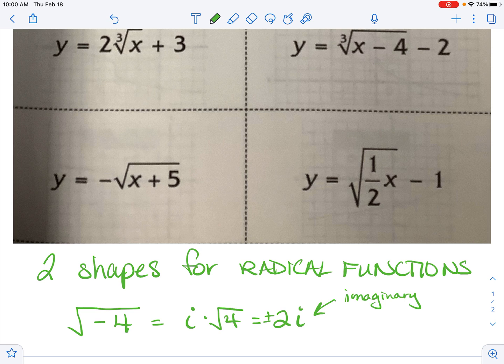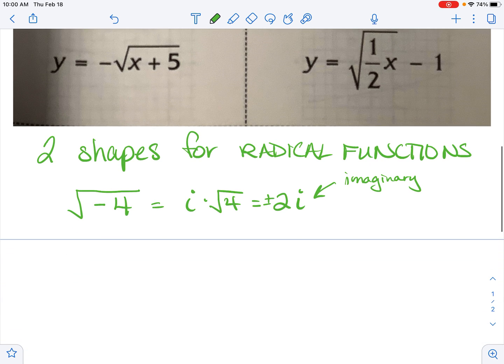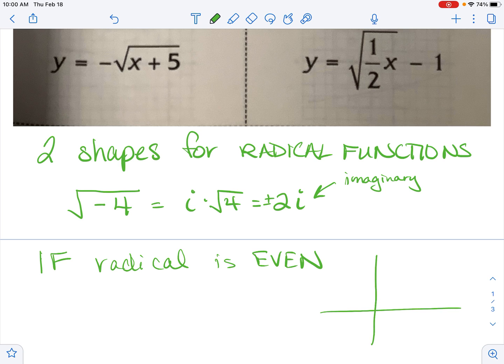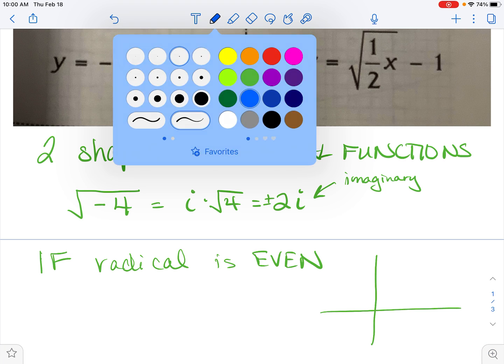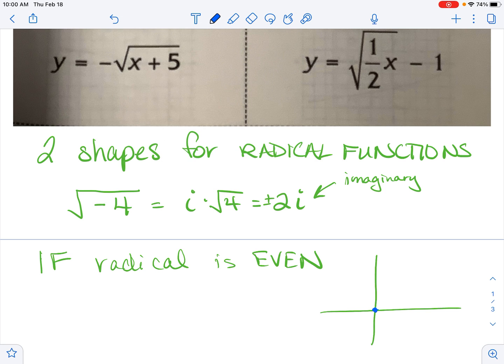So when we're thinking about the graphs, if the radical is even, for the most part, it starts at (0, 0), and it goes like this.